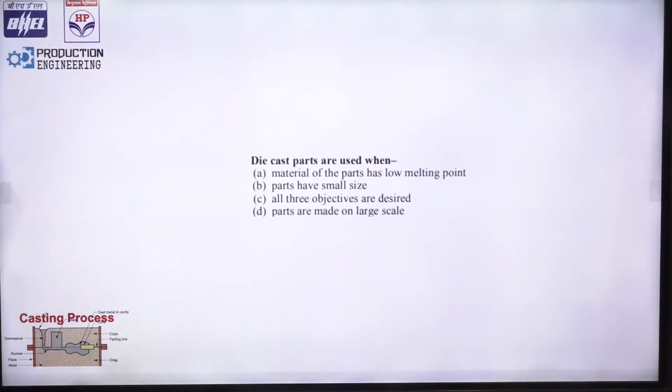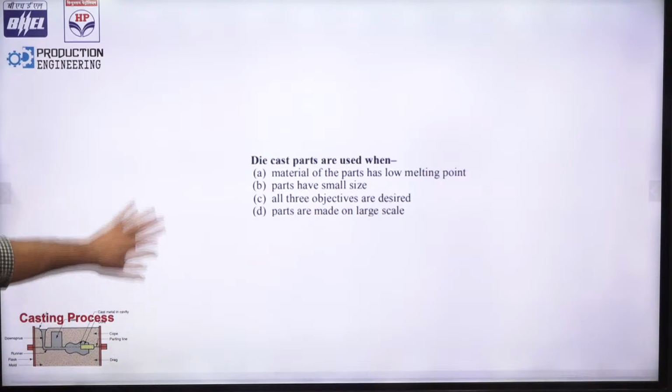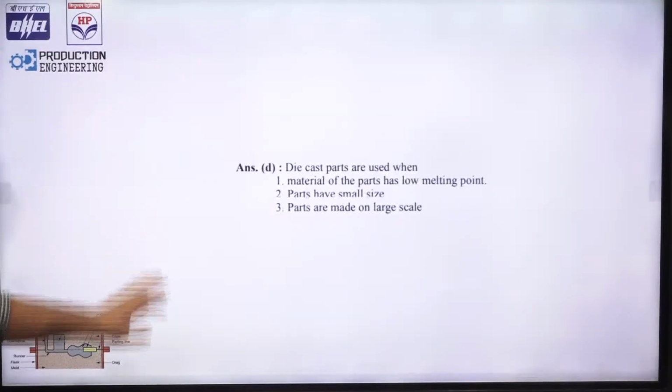Die cast parts are used when which of the following is true? Why do you go for die casting? We just discussed when you go for die casting. You go for die casting for a particular purpose, and that purpose is low melting point material.